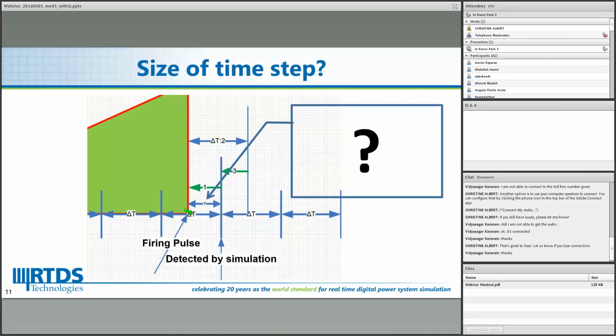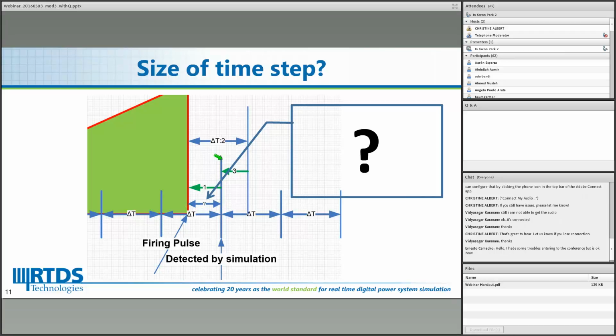Then the earliest moment when that simulation engine can detect that firing pulse is the beginning of the next time step, this moment. So unless we do any other processing or precision detection method, there is a one time step uncertainty. When we are standing at this beginning of the time step, it's very difficult to tell when was the exact moment of the firing pulse.